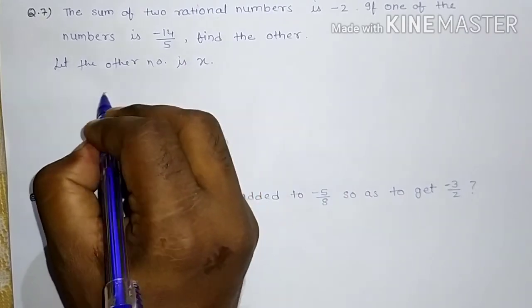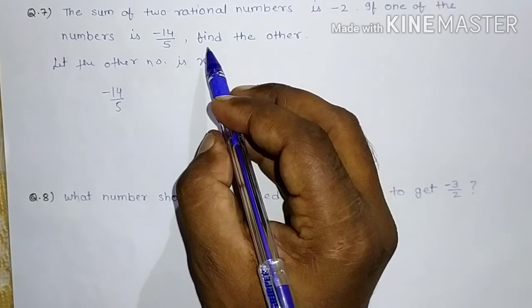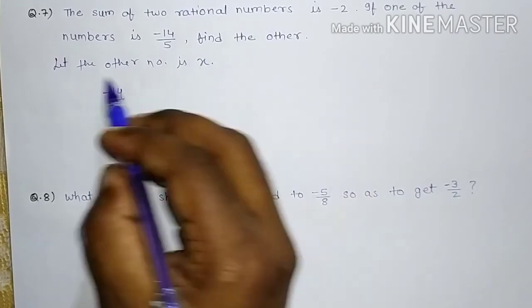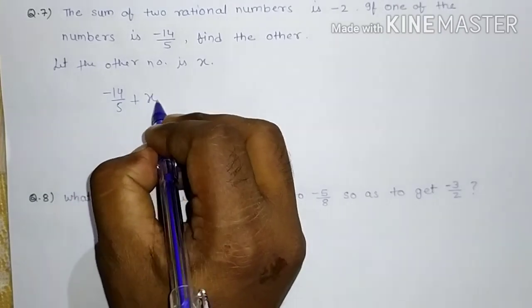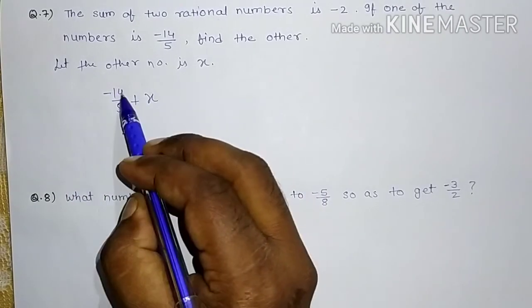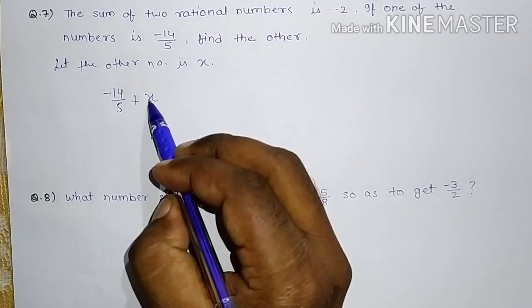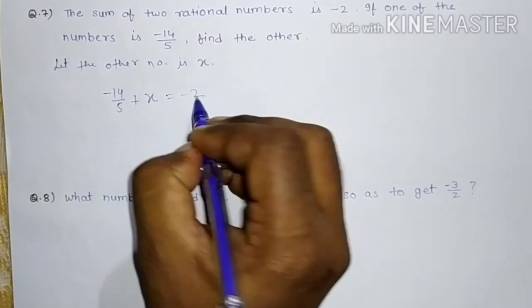So minus 14 upon 5 is one number and the other is x. The sum of the two numbers, first minus 14 upon 5 and second x, equals minus 2.